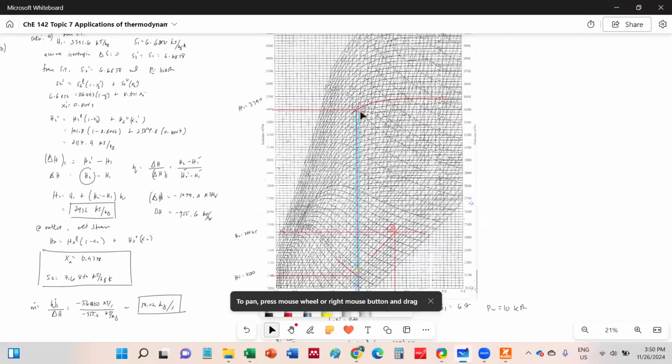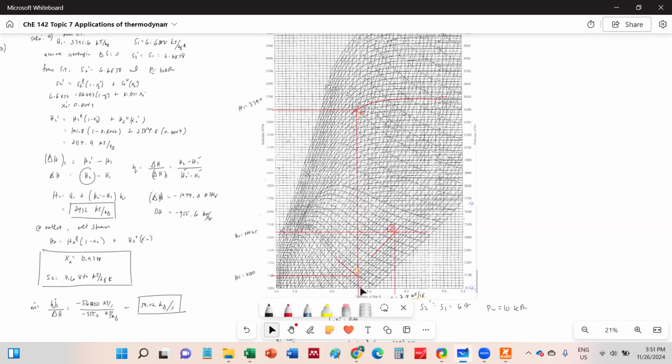As you can see on the diagram, the inlet point is here. And then after assuming isentropic expansion, since the Molly diagram is a graph of enthalpy versus entropy, obviously if it's an isentropic expansion, then from the inlet state, the direction of the process on this diagram is a vertical line, right?